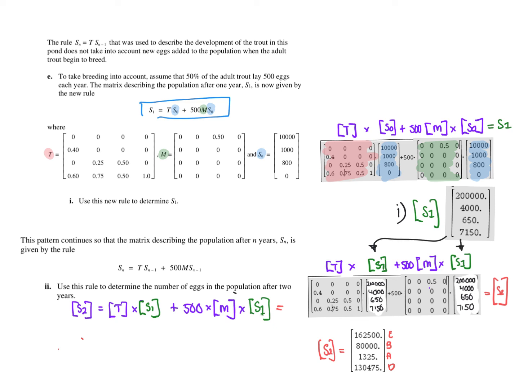So we just type that in and we get S2, the answer. Don't worry, this is just old school. You would probably see it written like this. They'll write yours like that. It means the same thing.